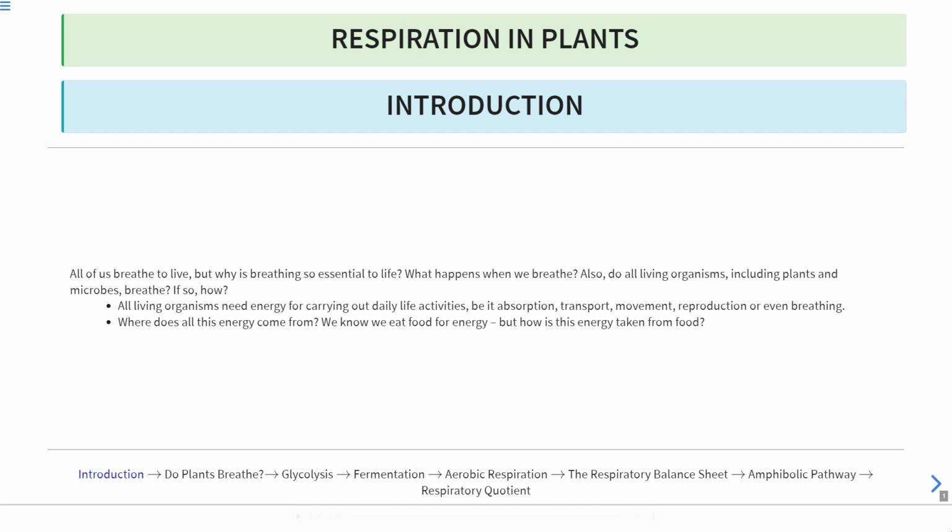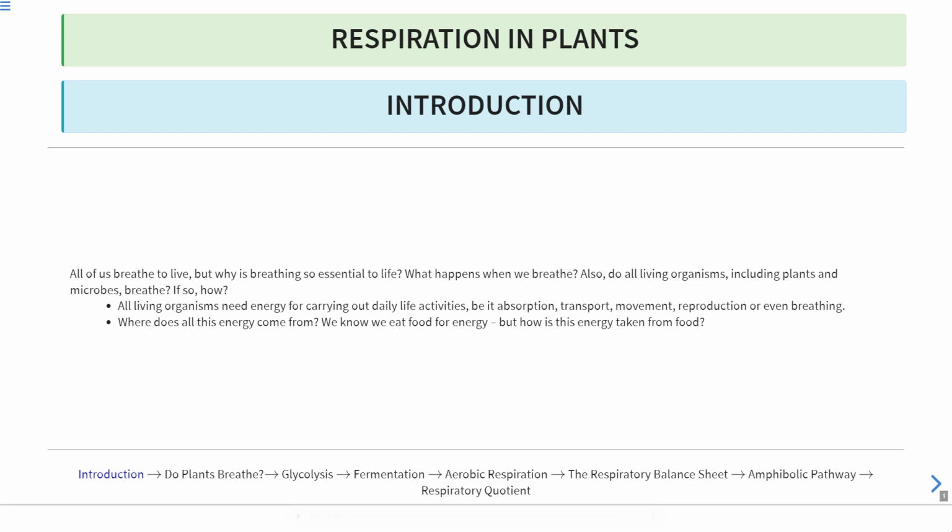We have already discussed that for energy there must be complete oxidation of food. Complete oxidation of food means the food gets burned, the glucose gets burned, and it is broken down into simpler forms. It is a many-step reaction, not just a single-step reaction in which glucose is broken down into simpler forms.